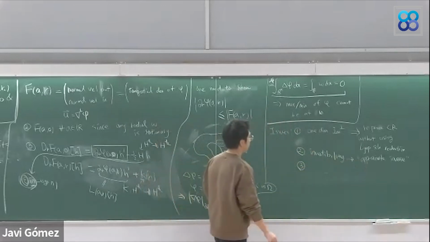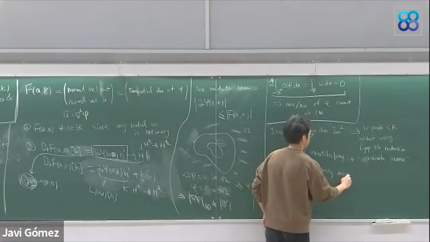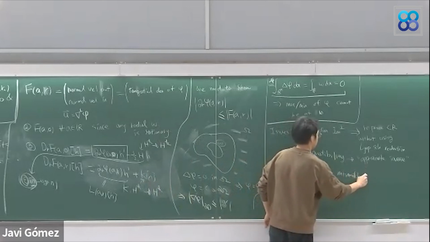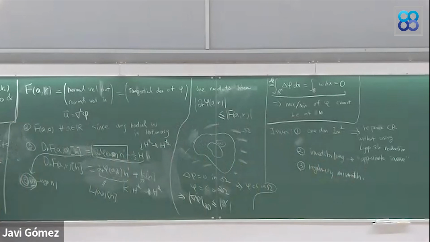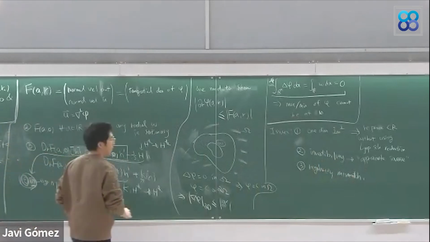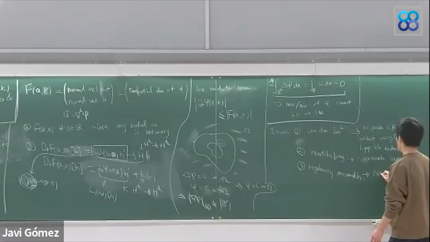And the third one is the regularity mismatch. Here, what I mean is that the regularity at the linear level and the non-linear level, they don't really match. To fix this, we adapt the Nash-Moser.